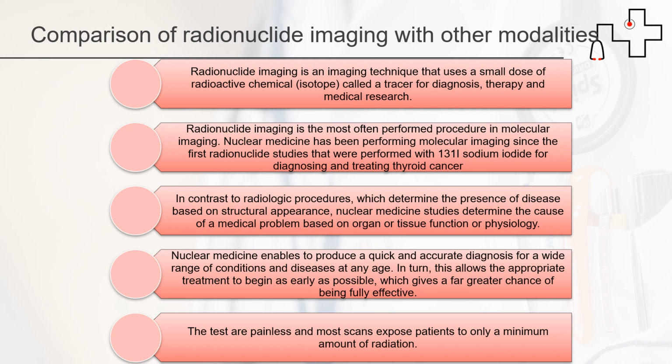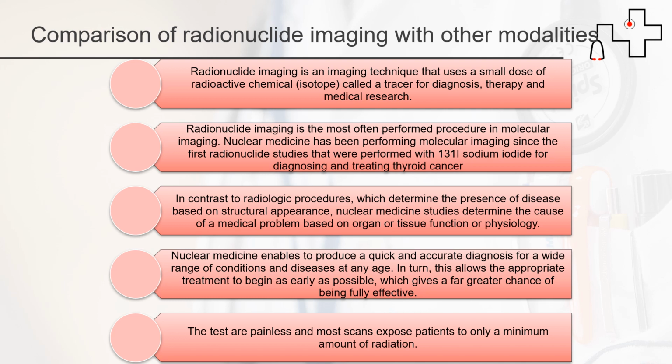In contrast to radiology procedures, which determine the presence of disease based on structural appearance, nuclear medicine studies determine the cause of a medical problem based on organ or tissue function or physiology. Nuclear medicine or radionuclide imaging enables a quick and accurate diagnosis for a wide range of conditions and diseases at any age.